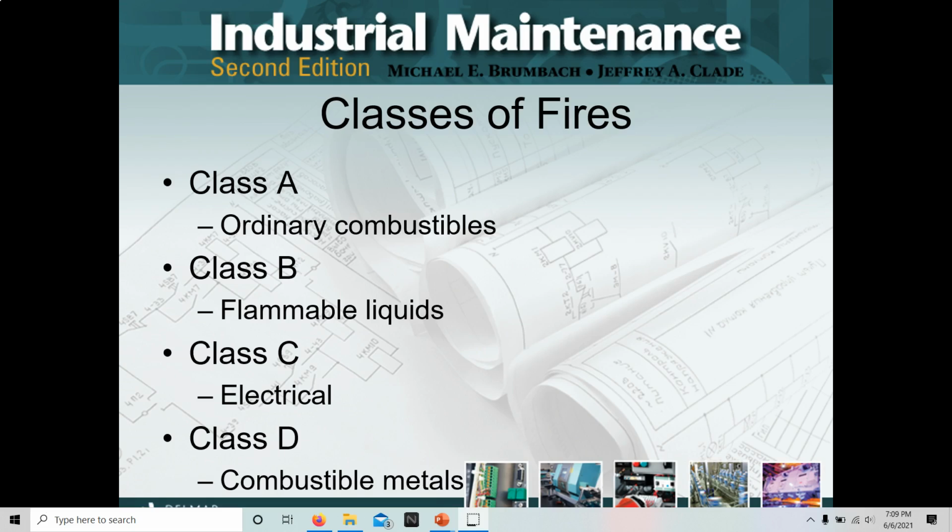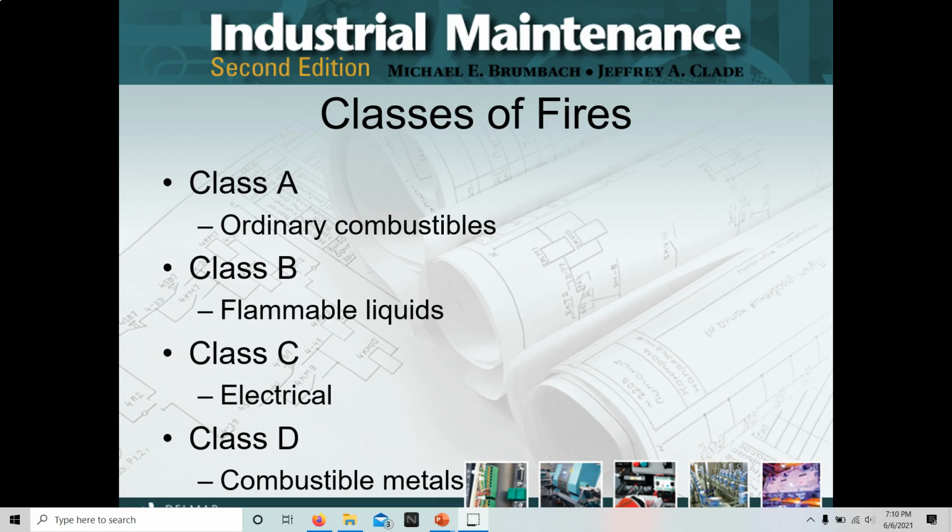Class C fire, regrettably, is the one I'm always the most apprehensive about as well. Class C fire is electrically charged or electrically energized equipment. This is really bad because so long as we still have electricity connected to whatever is burning, it will continue to burn and be a Class C, an electrically energized fire, until we can get that electricity turned off to that piece of equipment or appliance or what have you.